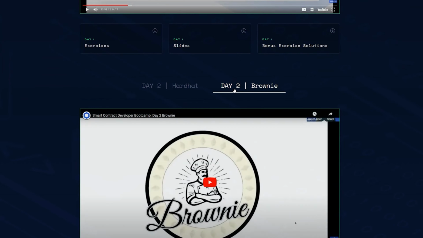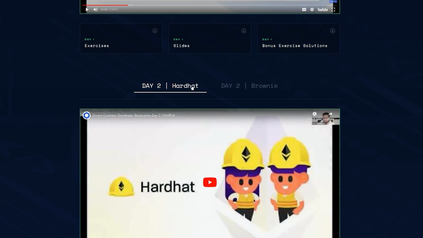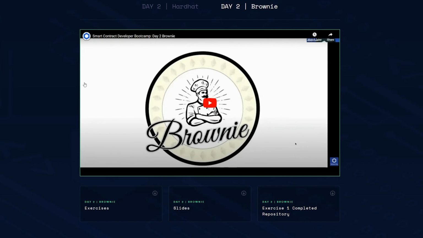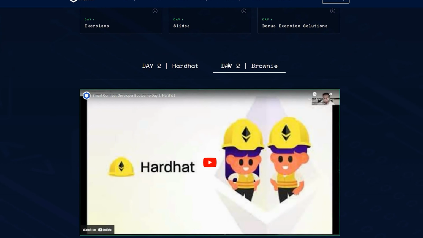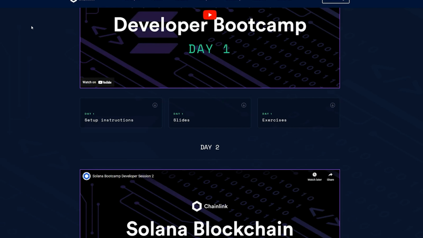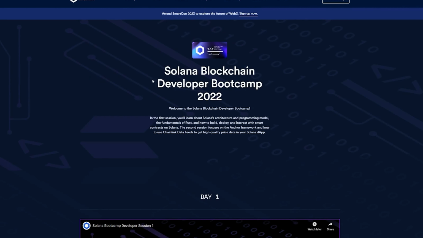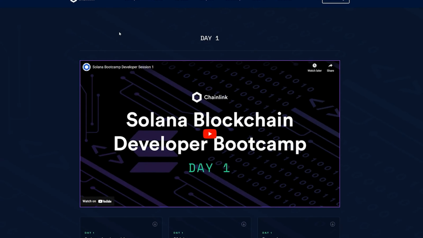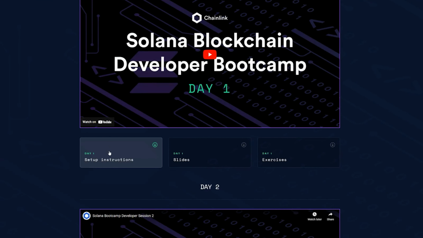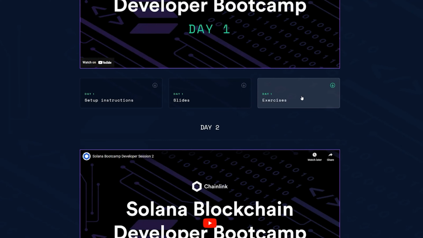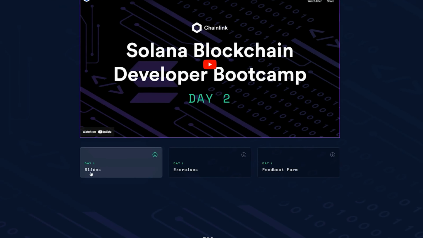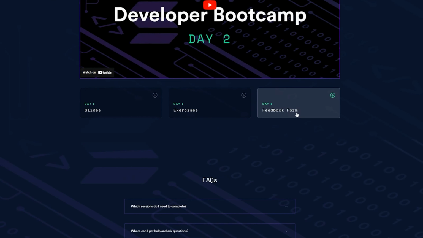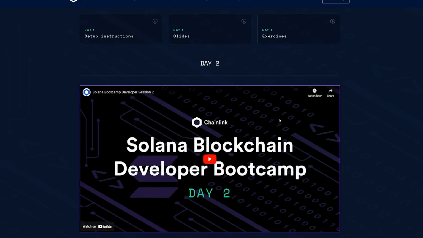Looks like there's 2 separate paths that you can go, a hard hat or a brownie version, which probably indicates difficulty a little bit. And then also the Solana Blockchain Developer Bootcamp is set up in the same way, where there's a day 1, there's instructions on how to get things set up, they have the slides, exercises, and then they have a day 2, which this one has a feedback form as well.